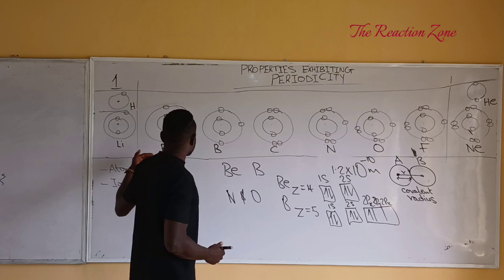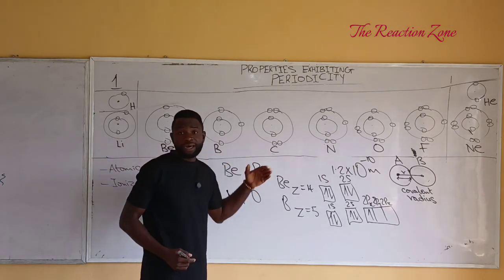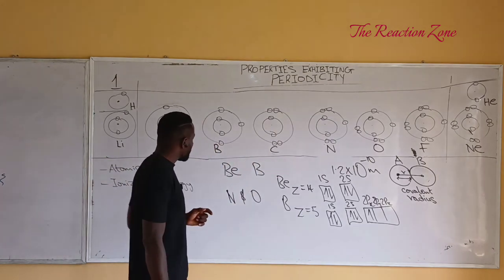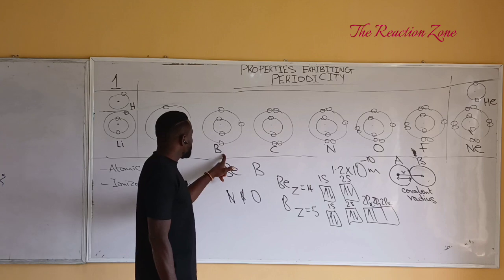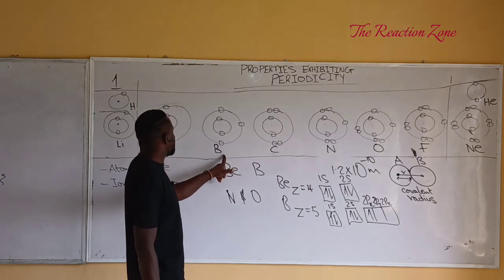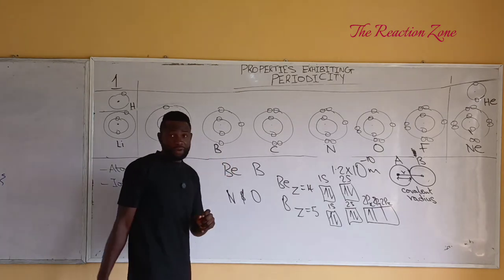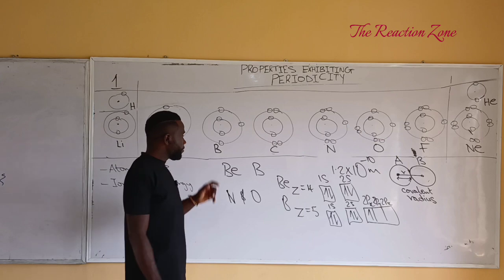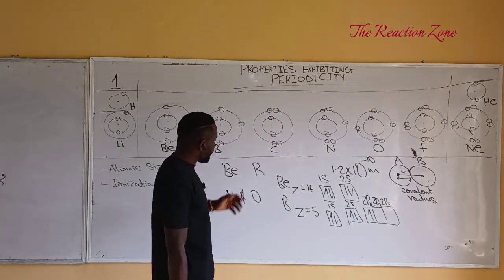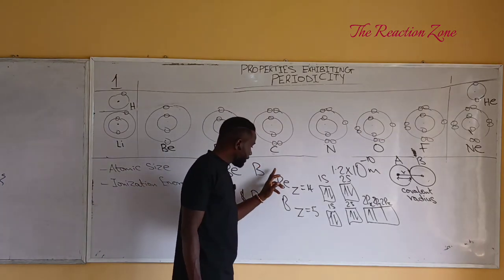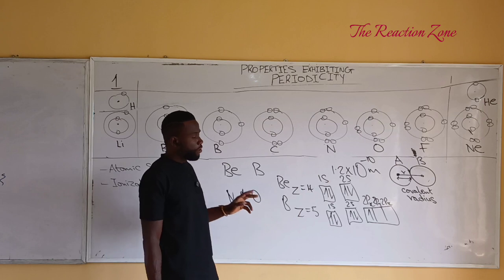Ordinarily, going by the trend of ionization energy across a period, boron is supposed to have a greater ionization energy than beryllium. But in reality, beryllium has a greater ionization energy than boron.